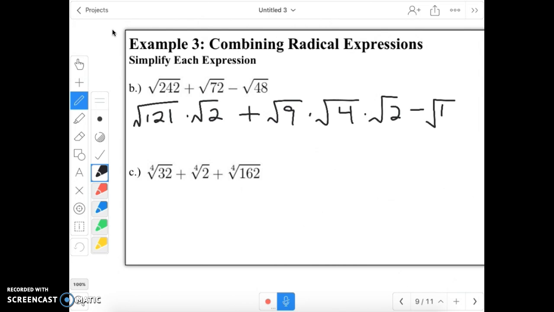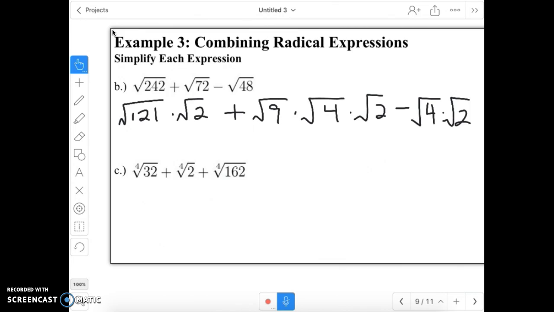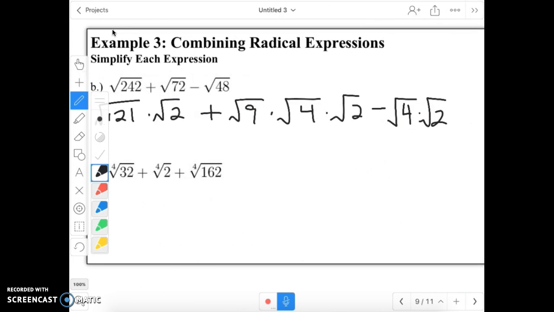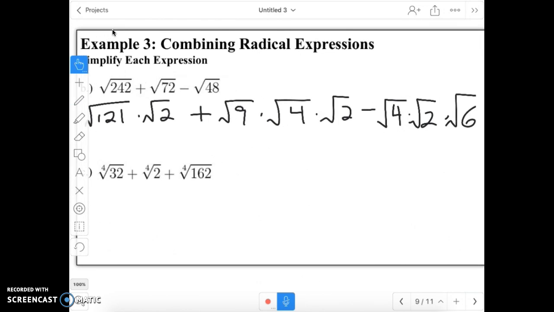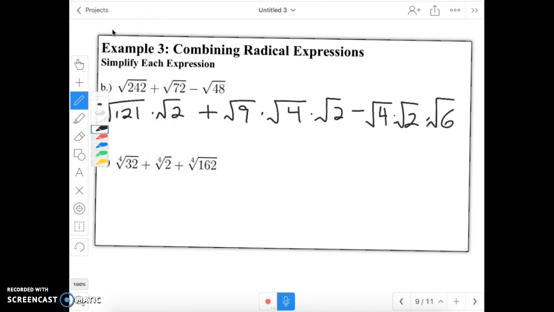Square root of 8 is going to be square root of 4 times square root of 2 times square root of 6.